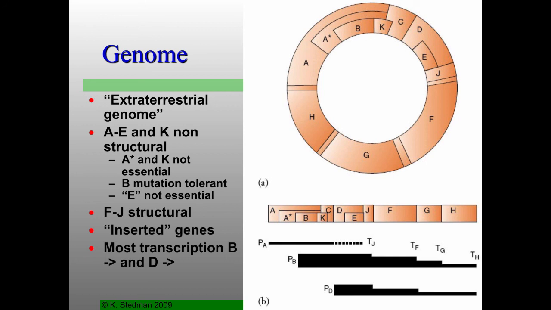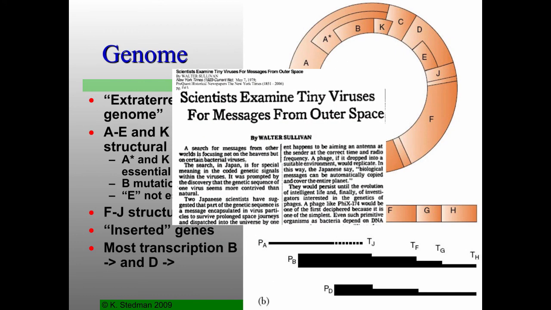We know that an A star protein is made, so it's definitely there, but you don't seem to need it. And if you go and look at these Phi-X174s, it's definitely there. And the question really is sort of why, and the answer is we really don't have a good handle on why exactly it is. But A proteins do not always include an A star.